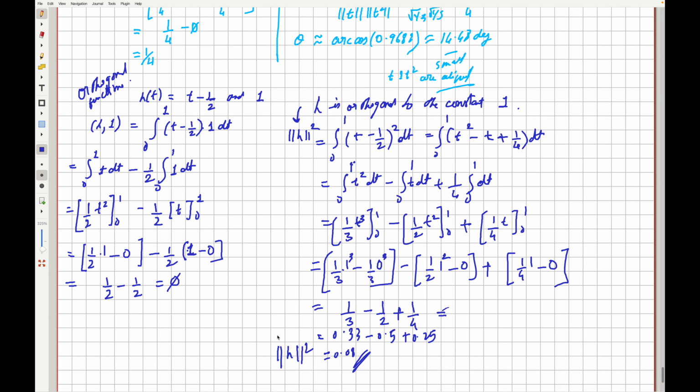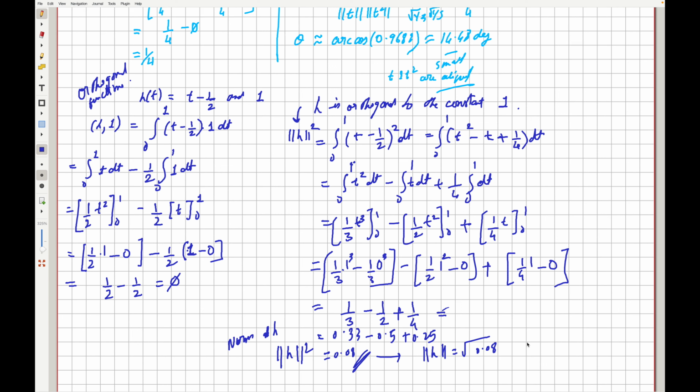So that is the squared norm of h, and if we try to get just the value of h, that is the square root of 0.08, which would be simply the magnitude of the vector function h that we have.